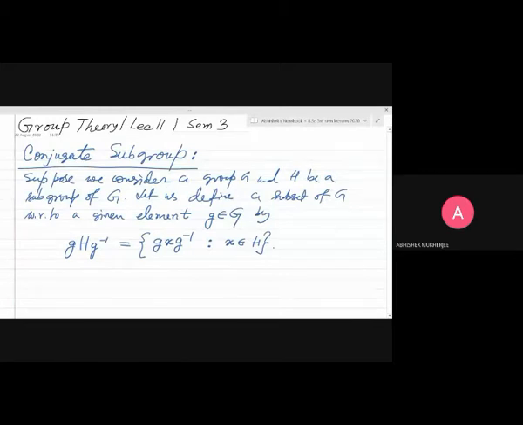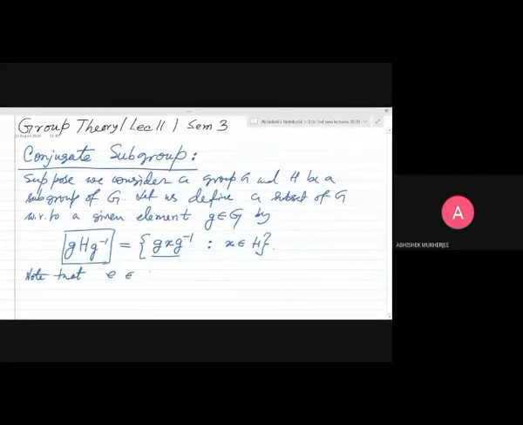Okay. So this notation defines a set consisting of the elements of this form G x G inverse, where x belongs to H. Now note that E belongs to G H G inverse.